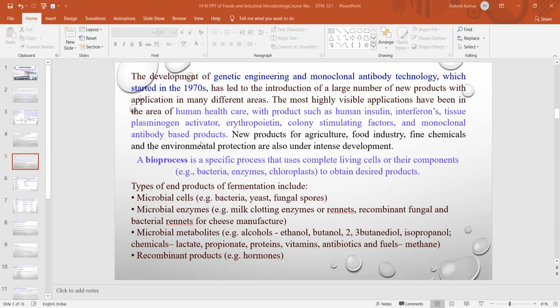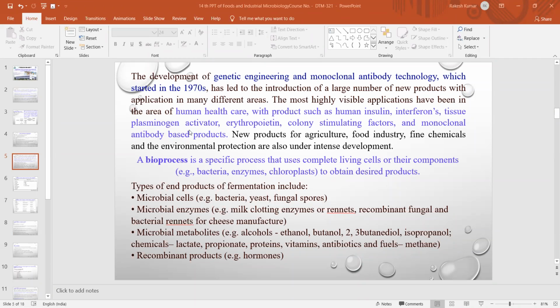of the world. The most highly visible applications have been in the area of human healthcare, with products such as human insulin, interferons, tissue plasminogen activator, erythropoietin, colony stimulating factors, and monoclonal antibody based products.